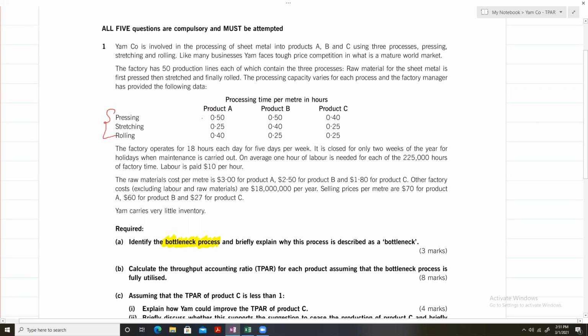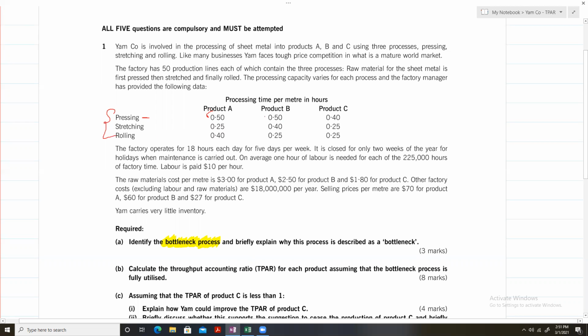Here, as you can see, for product A, the pressing process is taking more time as compared to stretching and rolling. Pressing takes 0.5 hours as compared to 0.25 hours of stretching and 0.4 hours of rolling.